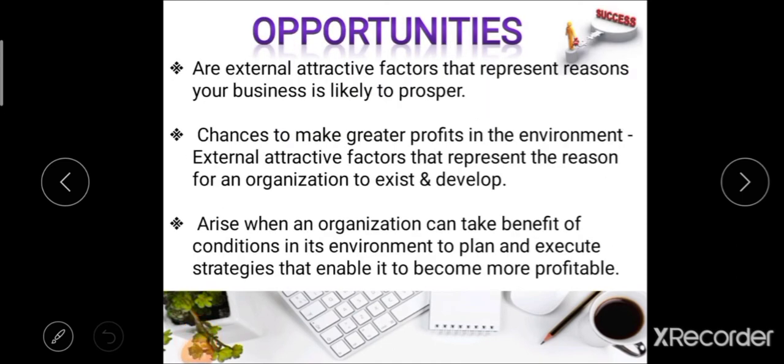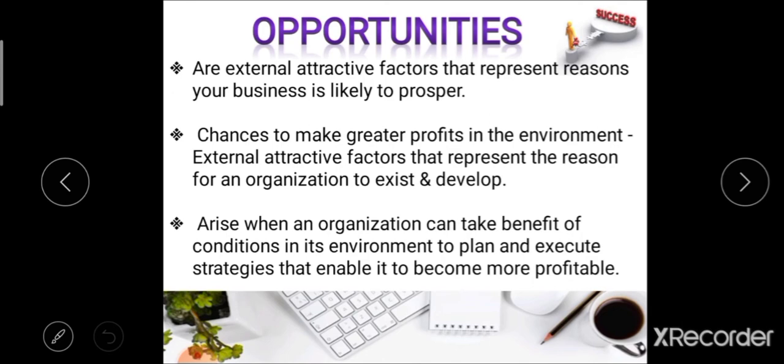Next one, that is opportunities. So these are the external attractive factors that represent the reason your business is likely to prosper. That means these opportunities show us business prosper.